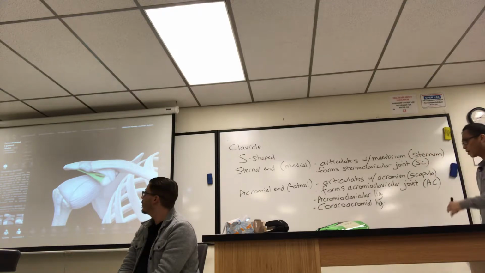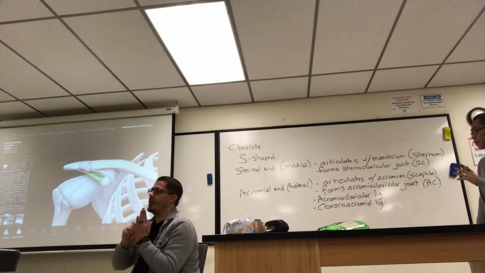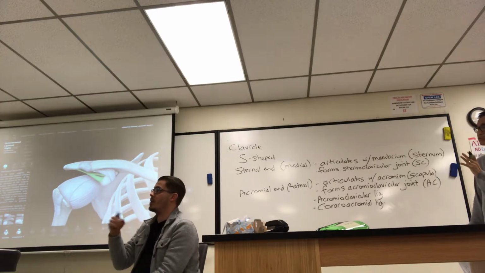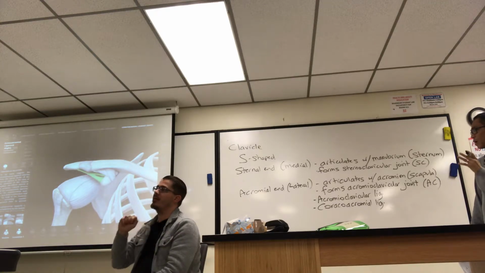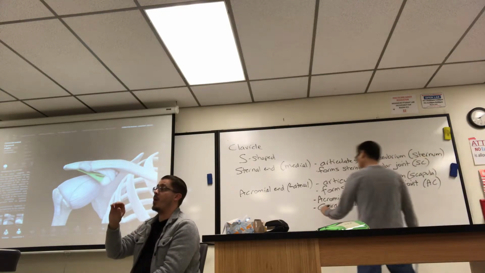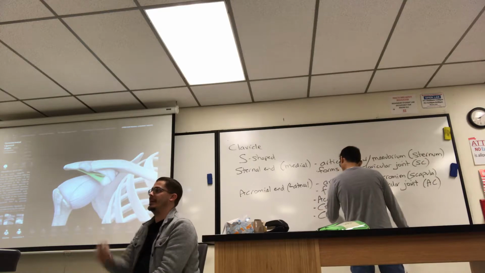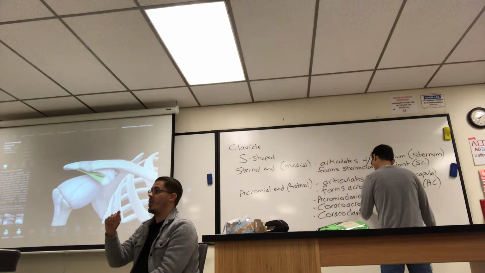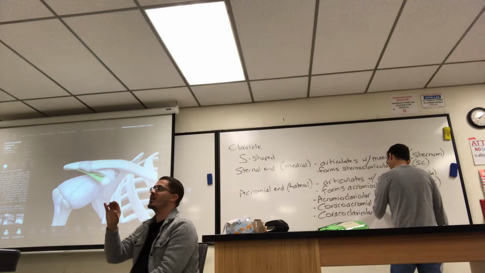Well, I'm here at the board, I'll just write it. There's another one that goes from the coracoid to the clavicle. There's a few of them, and they're called coraco-clavicular ligaments.